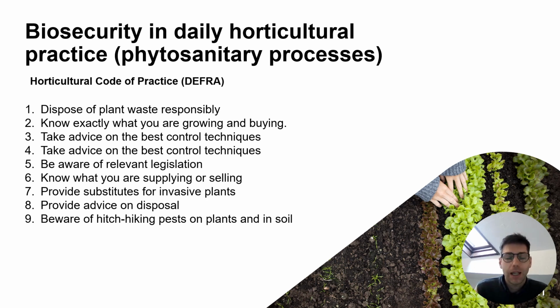So much can be composted or taken to a municipal plant recycling centre, but Japanese knotweed and giant hogweed, and soil containing these plants, is regarded as controlled waste. There are legal restrictions on handling and disposing of this controlled waste, and it should be dealt with appropriately and on site, and should never be composted or taken to a municipal recycling centre.